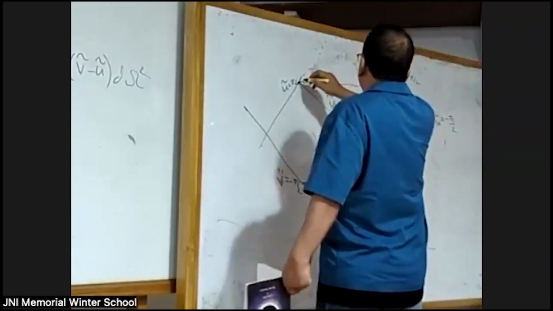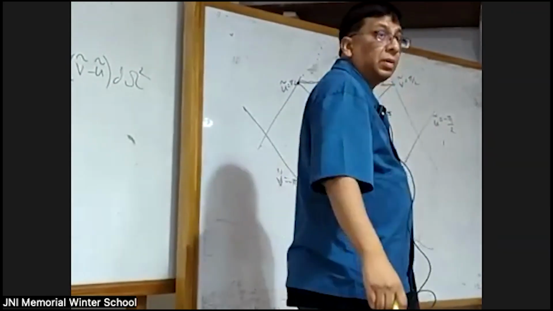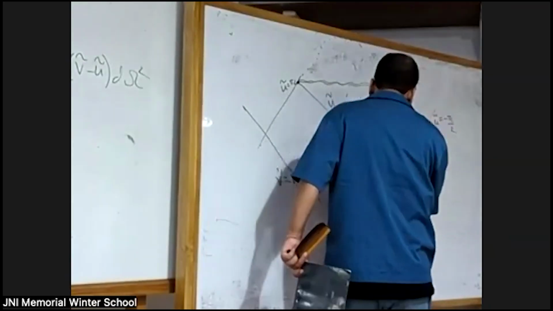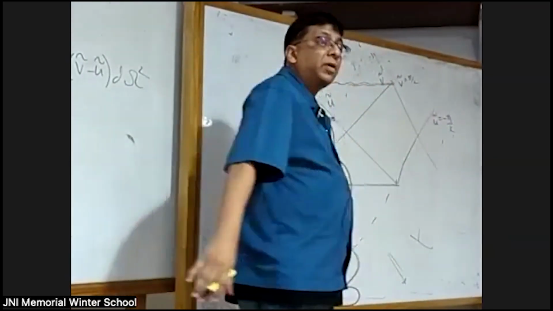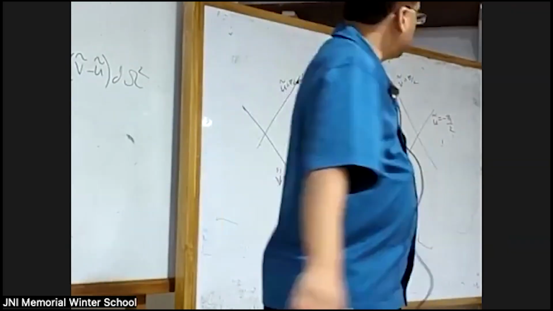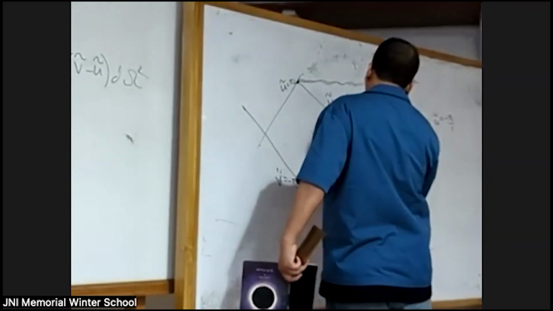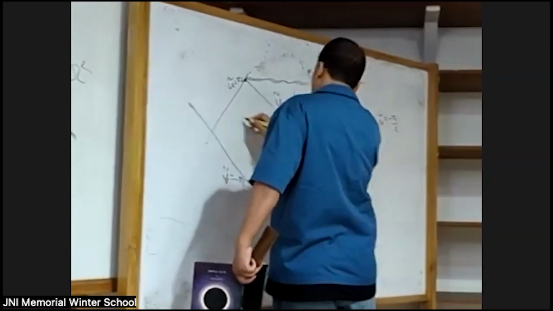This part isn't here because this is r is equal to 0, and this part isn't here because this is r is equal to 0 as well. So this is region 1, 2, 3, and region 4.